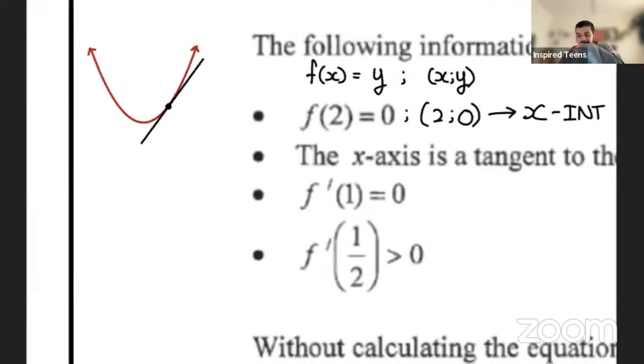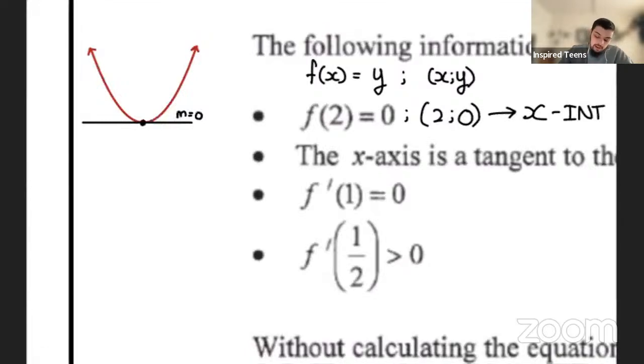For example, at that specific x coordinate, we can see that the graph is increasing because it has a positive gradient tangent line. When it comes to the tangent line of the turning point, the tangent line of a turning point is always a horizontal line, and its gradient is 0.